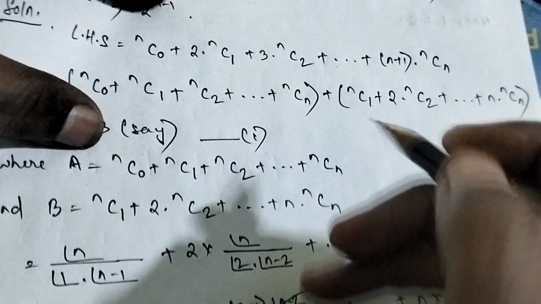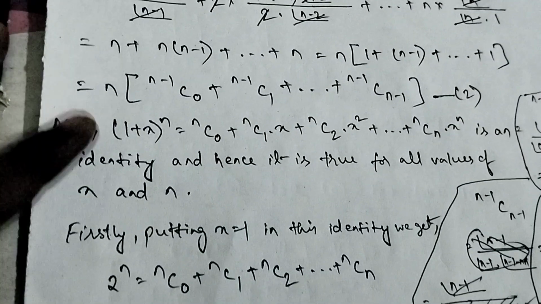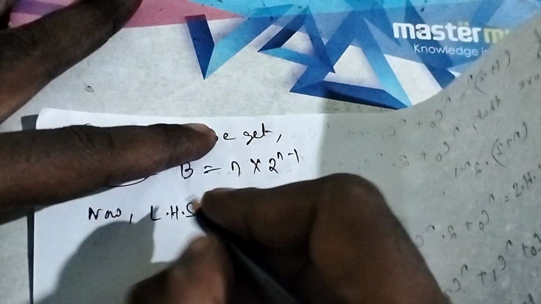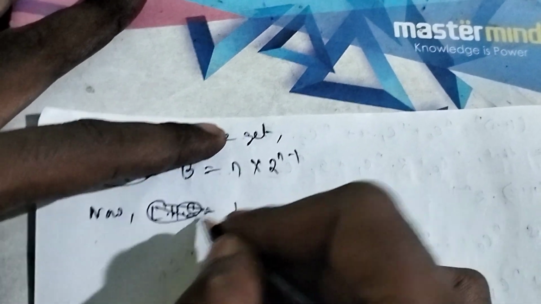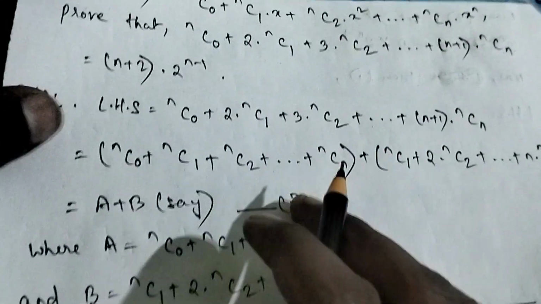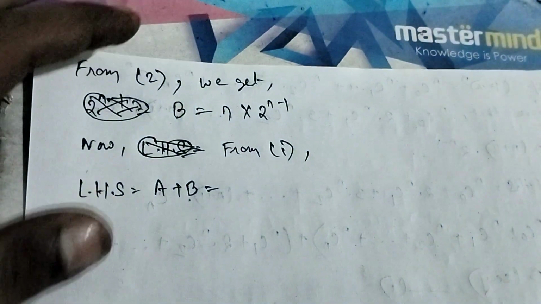So now, okay, this was 1, A plus B. Okay, this was 1, this was 2, A plus B. So now from 1, LHS is equal to A plus B. Okay, what was A?